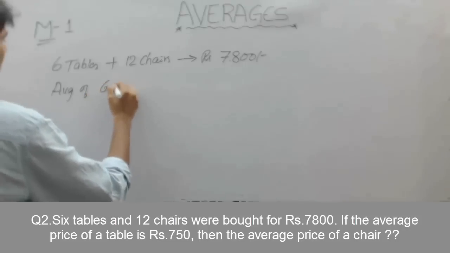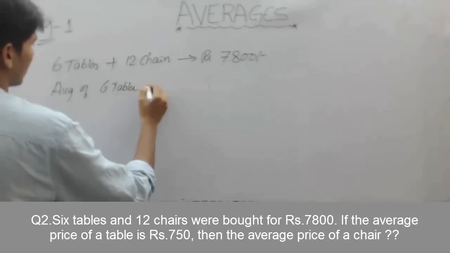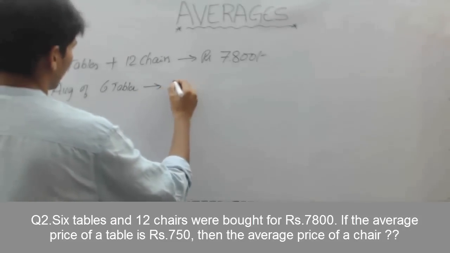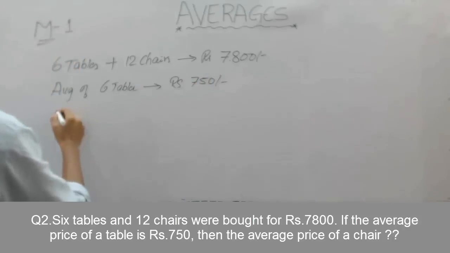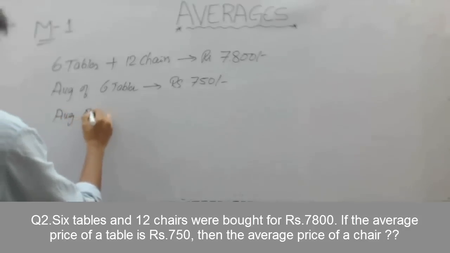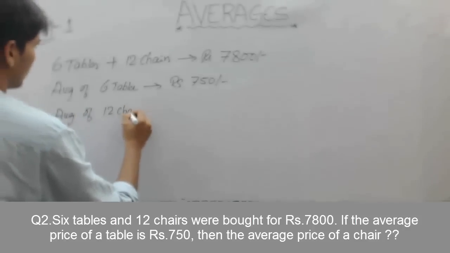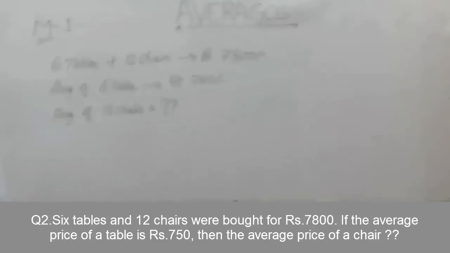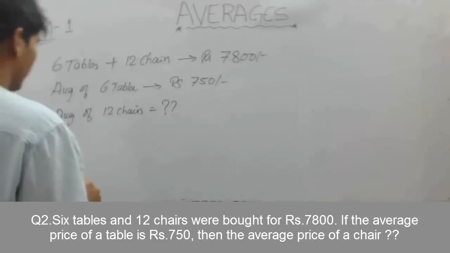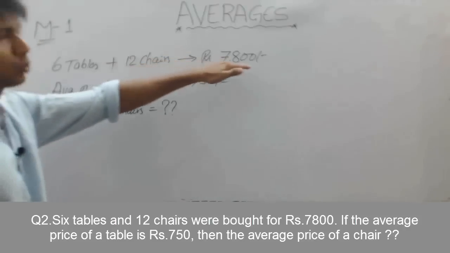Now he also said that the average of 6 tables is equal to rupees 750. Now he is asking us to find the average of 12 chairs. So what would be the average of 12 chairs? So what is our actual formula? This is a total sum.